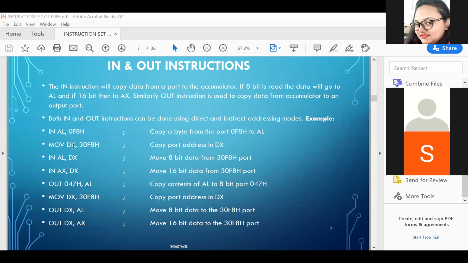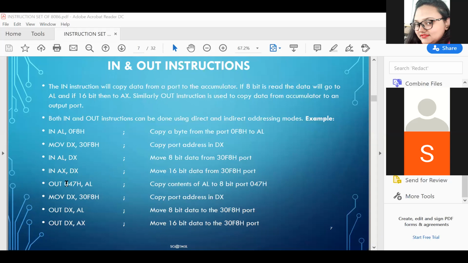No other register can be used in spite of this DX register as your port address register. Okay, so IN and this is the OUT instruction, the same thing. What is stored inside this AL register, the result, will be transferred to this port address, so that the device which is connected through this port address must be operating.